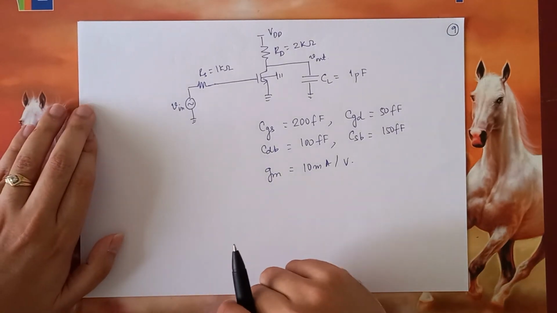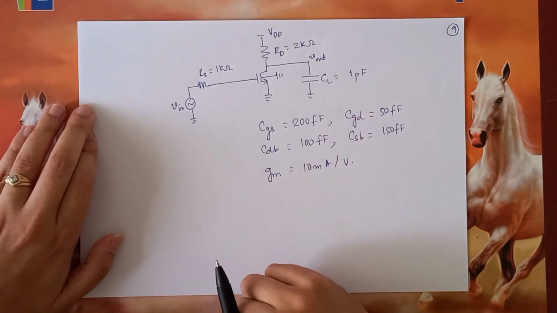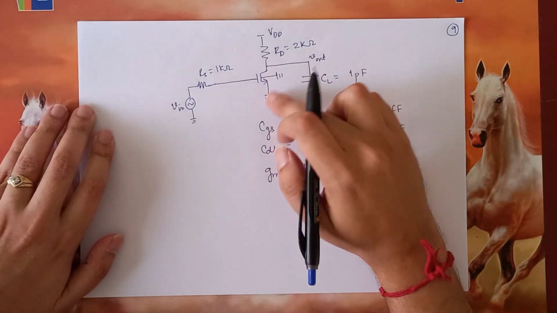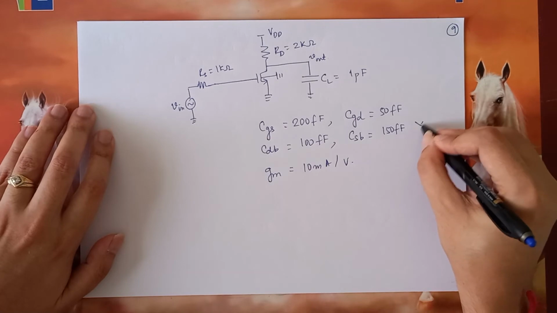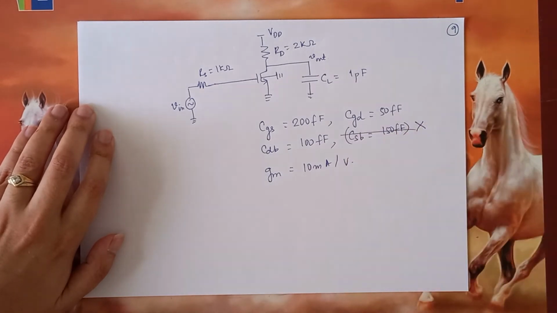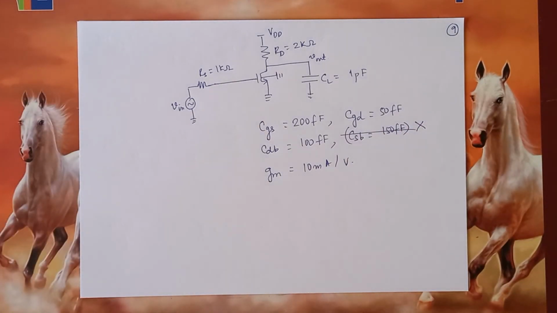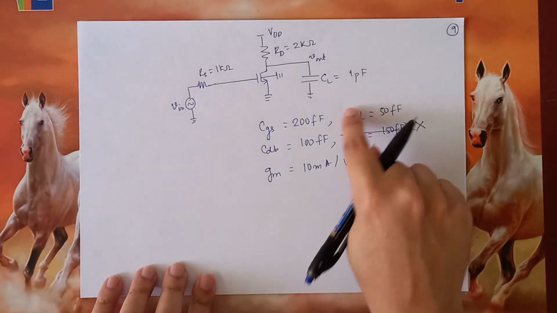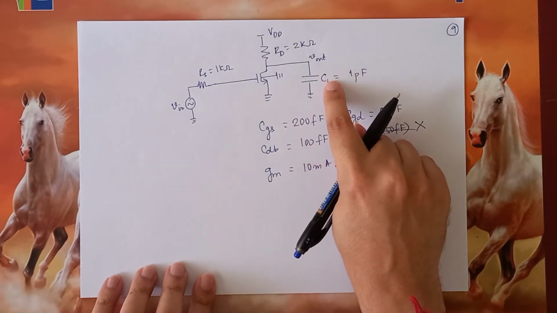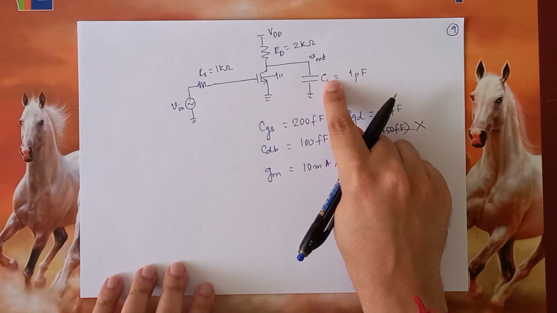So what's the first thing we can do to estimate the bandwidth? We see that both source and body are at ground, so therefore this CSB is not of any use. We can neglect it right away. So the question is, how many capacitors are now there? We have 3 capacitors which are internal to the MOSFET and 1 capacitor which is outside.